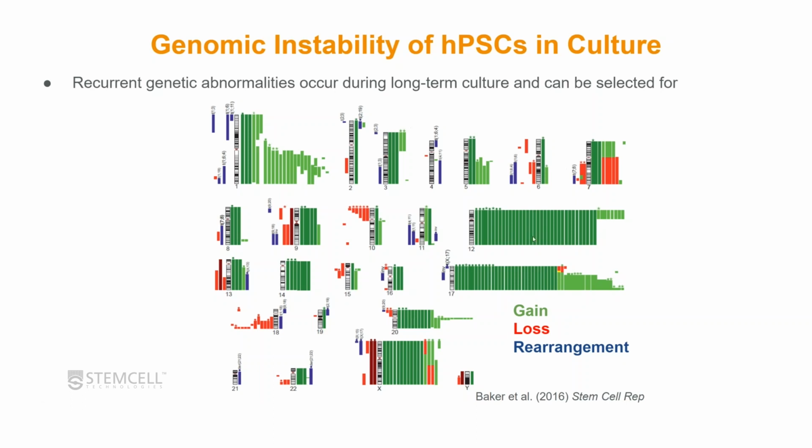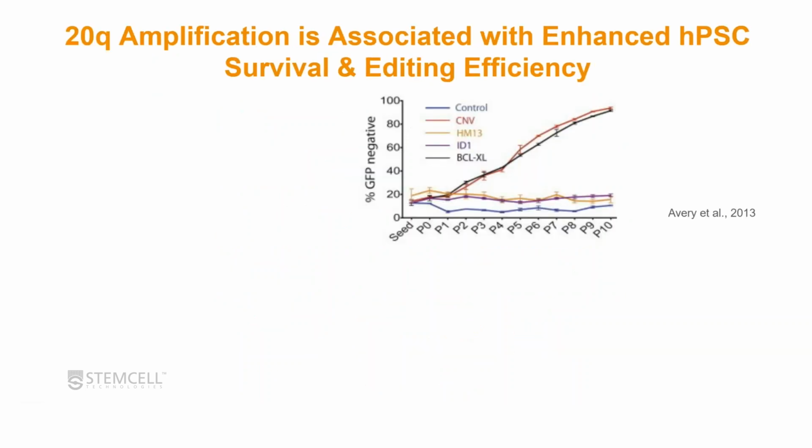So you can see that, like chromosome 12, there are other chromosomes that have recurrent gains or recurrent losses or rearrangements. And I want to highlight one of these because it's particularly relevant to genome editing, and that's chromosome 20. There's a region on chromosome 20, chromosome 20q11.21, that actually shows recurrent gains in human pluripotent stem cells, especially when they're cultured long-term as single cells.